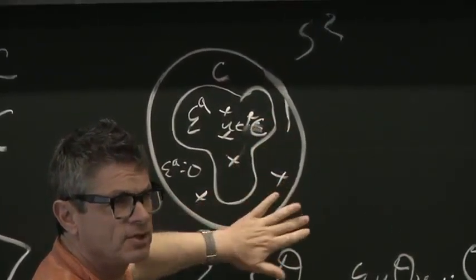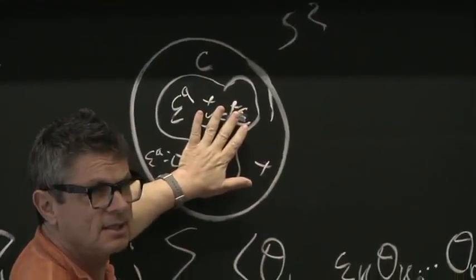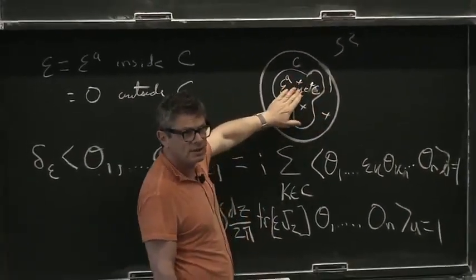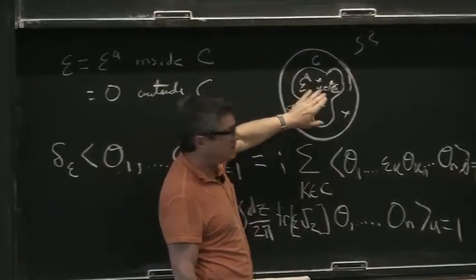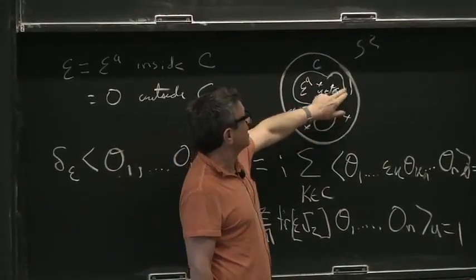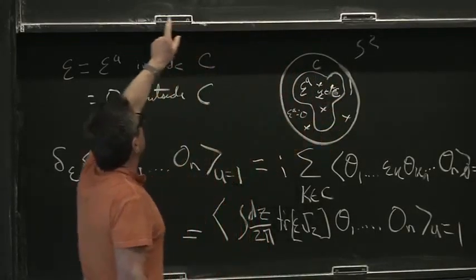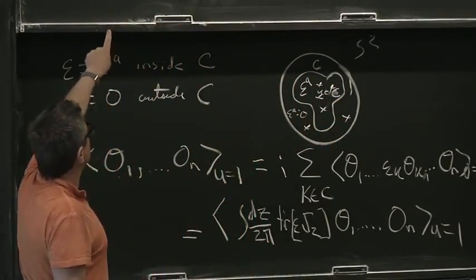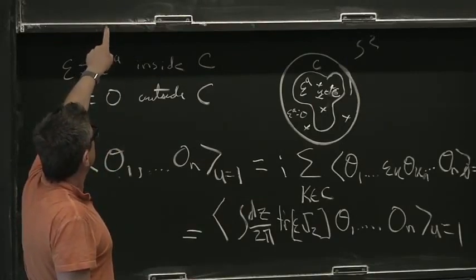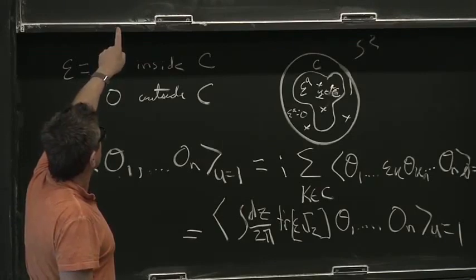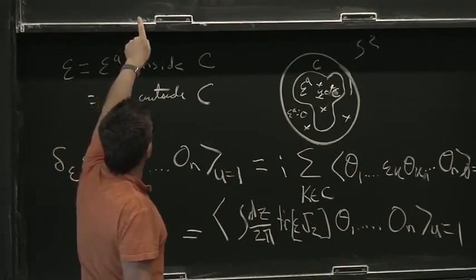There's always some holomorphic function with no poles inside C that will agree with ε on the boundary. So this equation will remain true if I integrate it.